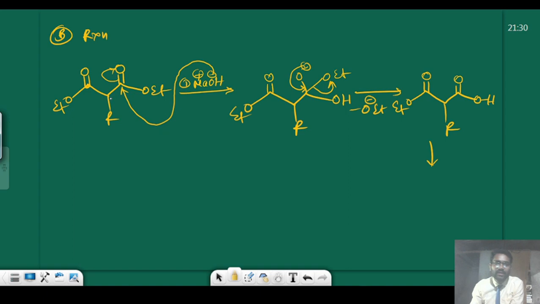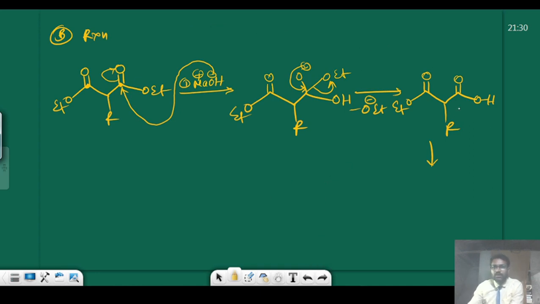First of all we did the mechanism of this particular ester group being converted into this particular carboxylic group.